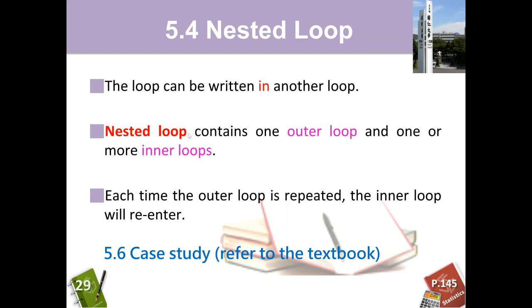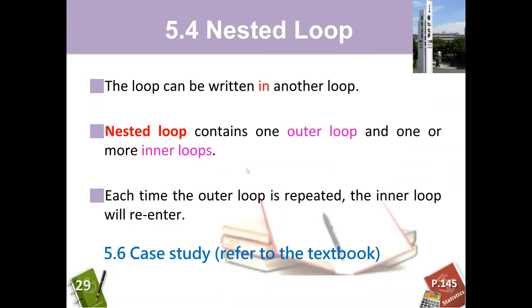So a nested loop contains one outer loop, which we call 外圈 in Chinese, and one or more inner loops, which we call 内圈, inner loops, right? Each time the outer loop repeats, the inner loop will also repeat again.